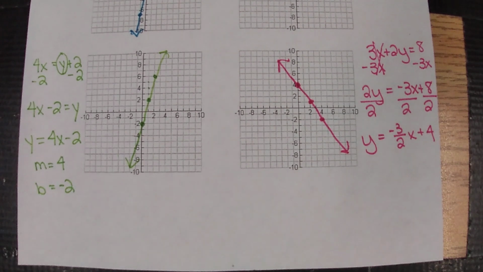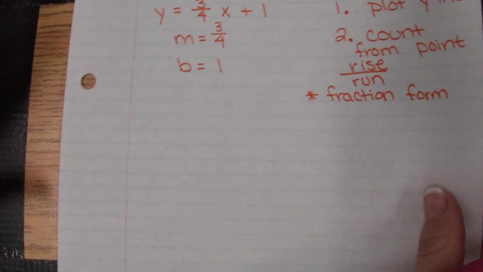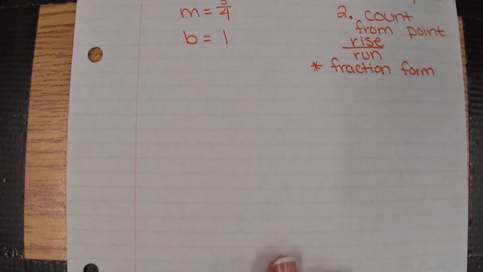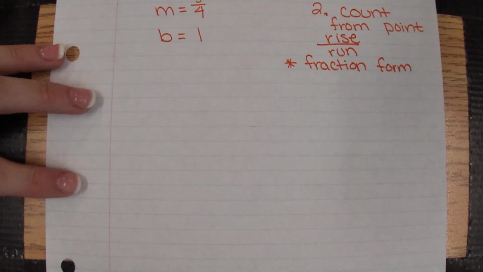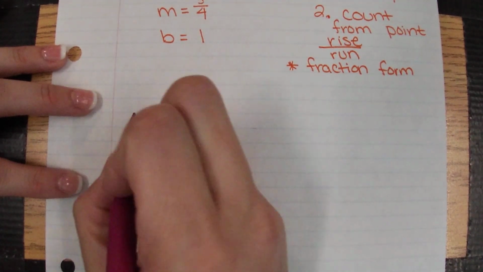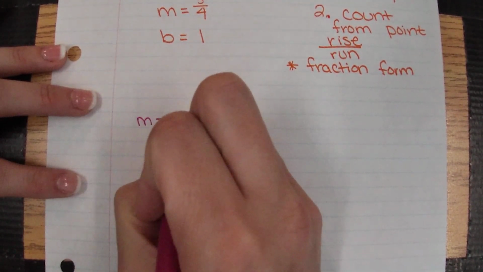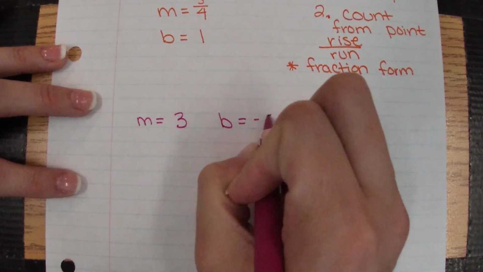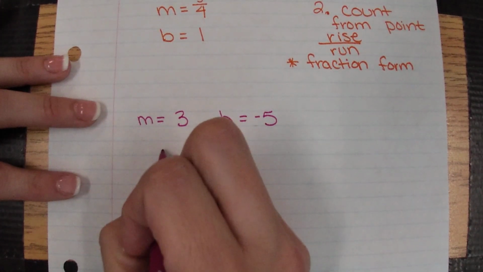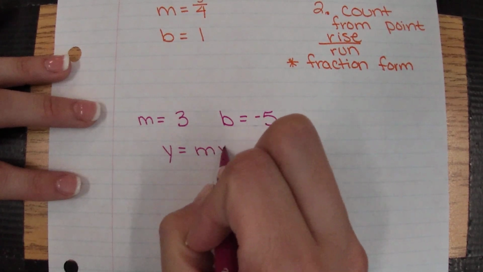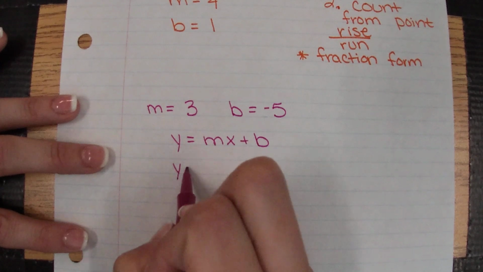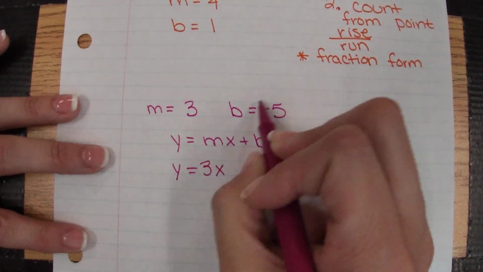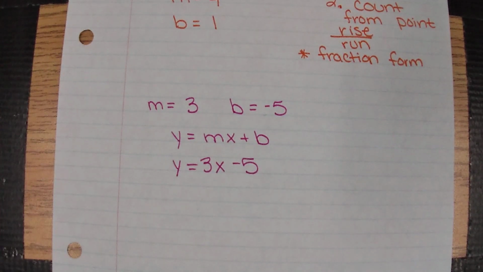Then one last quick addition we are going to add here is that this works in both directions. Okay, so just like I can take that information and create the graph, I can be given the information and create the equation. So if I'm told that m equals 3 and b equals -5, I can just as easily plug that into slope-intercept form and say, okay, y equals 3x minus 5, right?